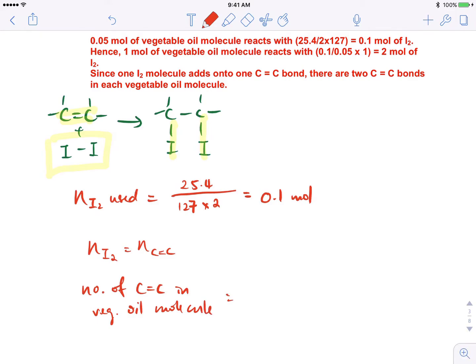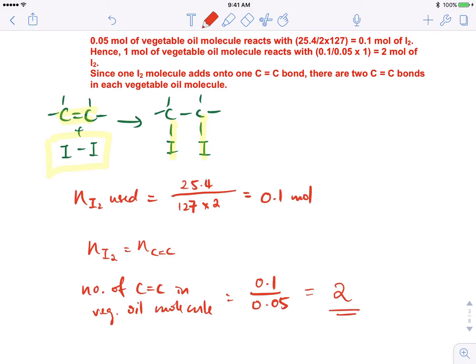This will be 0.1 divided by 0.05. Because 0.05 is the number of moles of oil molecule, the number of moles of carbon double bond is 0.1. To find out the number in each molecule, you just divide by it, and you should end up with 2.